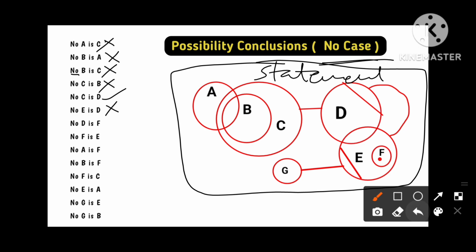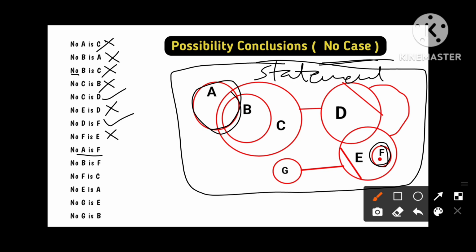No case is true here. No F is E. Here F is already sharing with E. So it means that some part of F is already sharing with E. Some case is true here. If some case is true here, then no case will be false. Next one. No A is F. F doesn't share with anything except E. So A and F don't share any part.